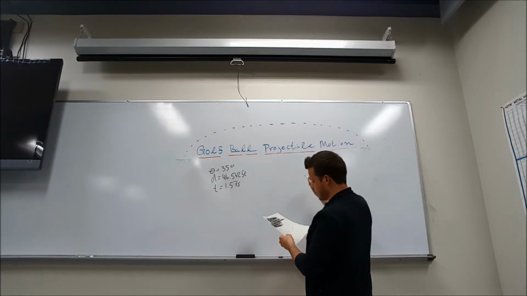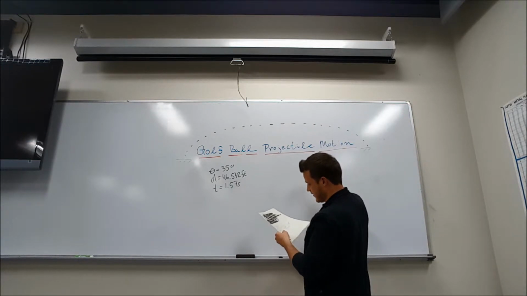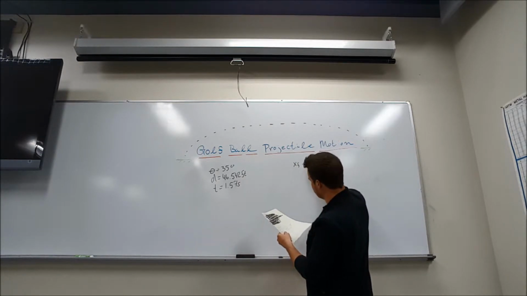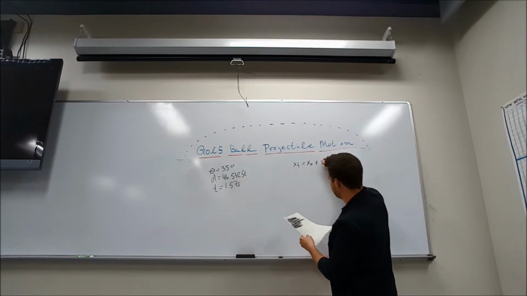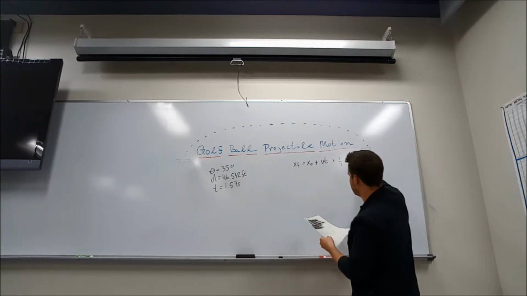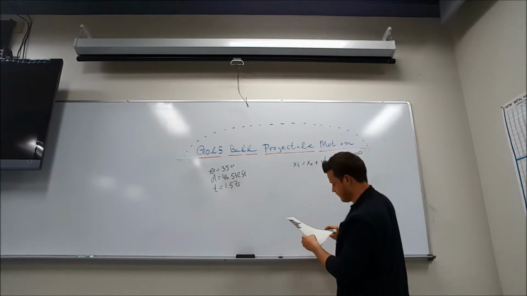Now in the first equation, we used our constant acceleration equation to find our launch velocity in the x direction, which is x final equals x naught plus v t plus 1/2 a t squared. That goes away.